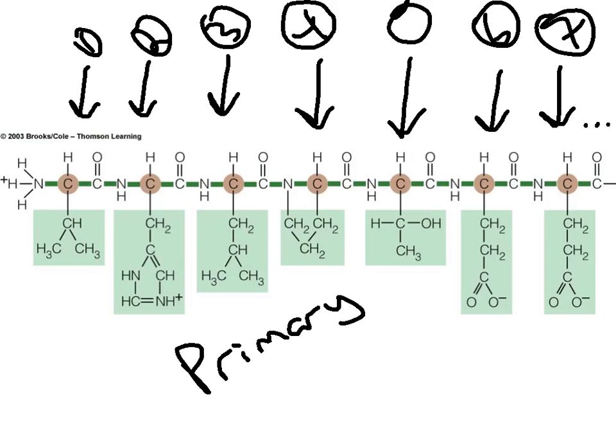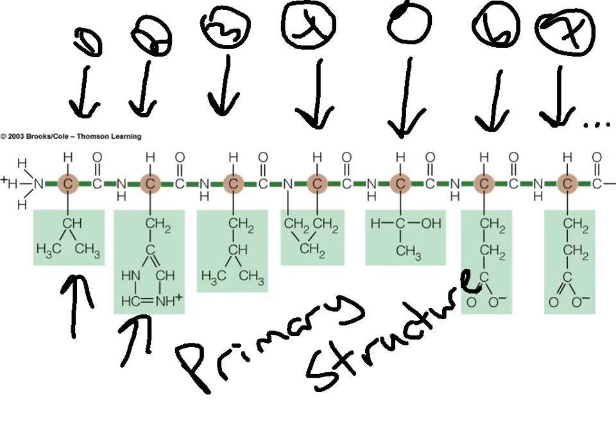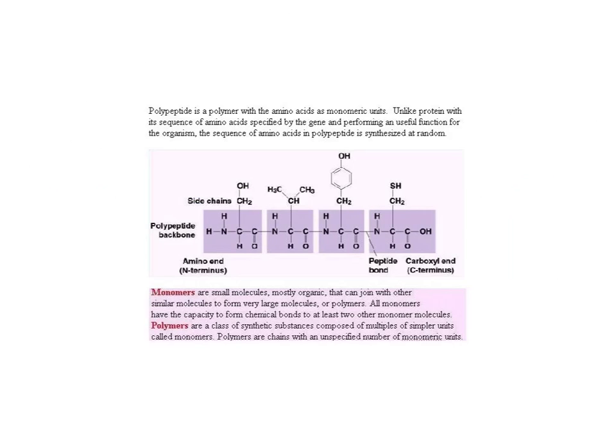It's called primary because it is the structure that comes first. That primary structure determines everything else. Which R group comes after which R group, in the order that it comes, determines the primary structure, and that is going to determine the rest of the structure of that protein.